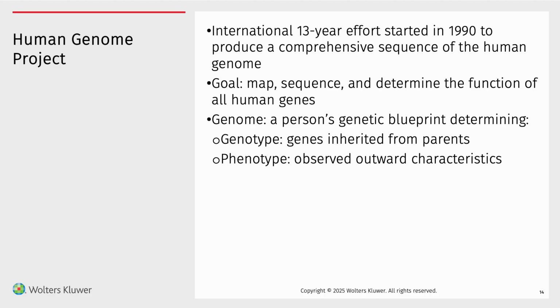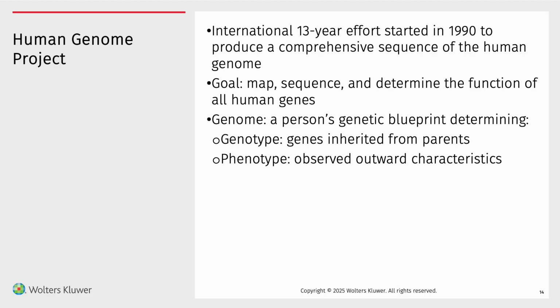So, what's the difference between genotype and phenotype? You hear genotype, phenotype. Genotype is the specific genes inherited from both parents. This includes all genetic information passed on, whether expressed or not. The phenotype, with the P, is the observable traits or characteristics resulting from the interaction of the genotype and the environment.